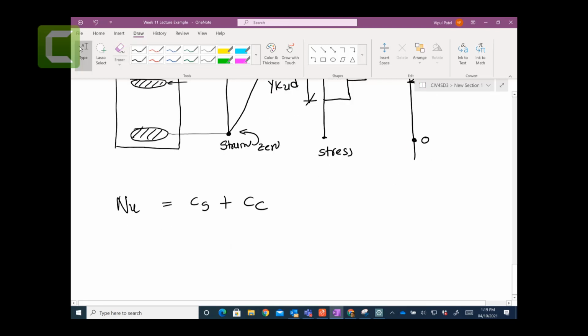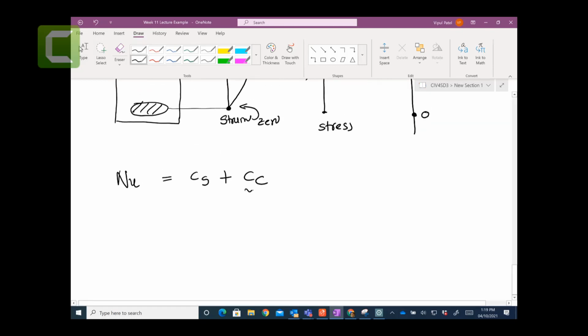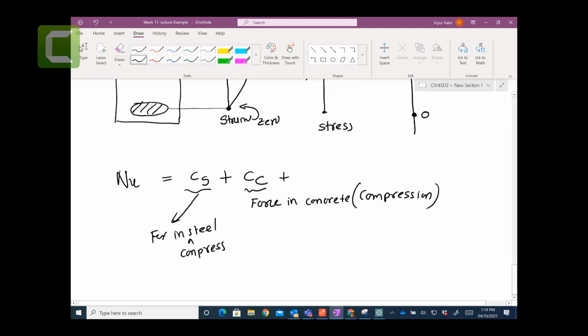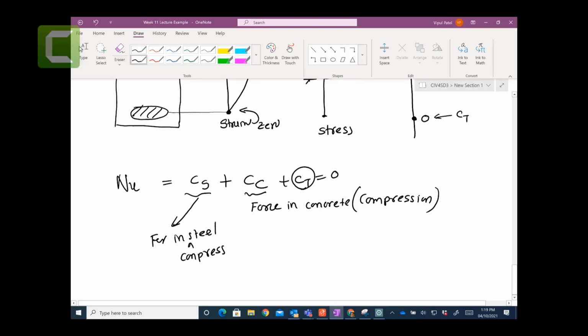So let's calculate the force in the concrete, which is the compression force. By the way, there is no tensile force here, and there is a force in the steel, but that is compression steel, not tensile steel. There is one more, CT, the tensile force, but that is 0 right now here.